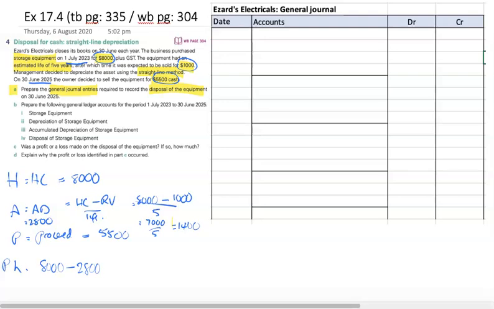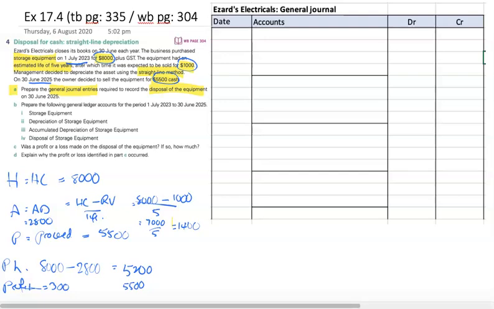So I think it's worth, how much do I think it's worth? I think it's worth $5,200. What did I get rid of it for? I got rid of it for $5,500. So I have made a profit of $300. And that's the final answer. I've worked everything out. I'm now going to jump to my general journals.